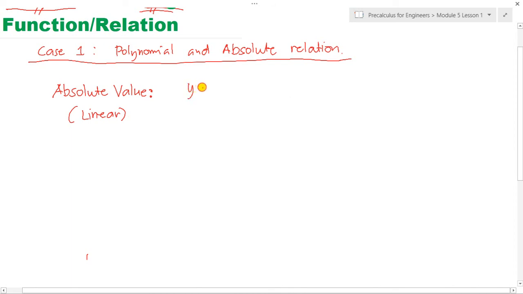Example, we have y is equals to absolute value of x minus 3. Linear ni siyang x minus 3.